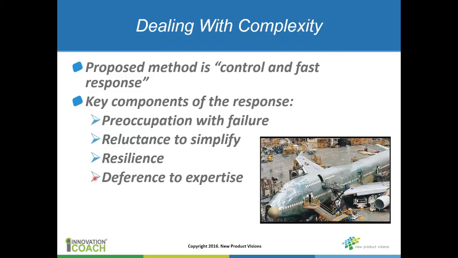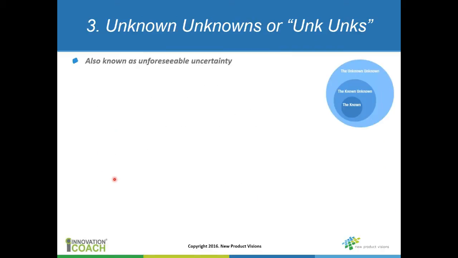And finally, you really need to defer to your expertise. Your senior level folks within the organization, people that have dealt with complexity before, are your best hope of understanding where it's coming from and how to deal with it. So these are the four components of how to respond to complex systems.